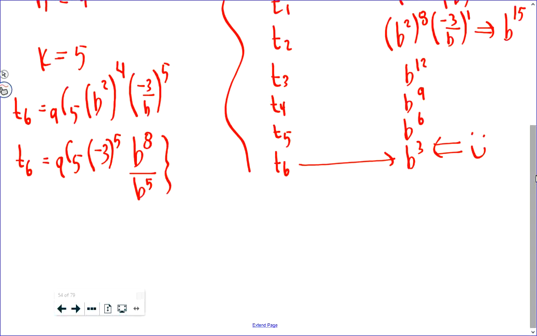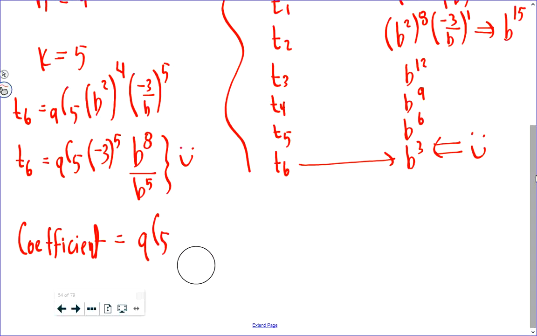This should make you a little bit happy because we're supposed to get b cubed, which means the coefficient, which is the answer to this question, it's what you were asked to determine, will be whatever 9 choose 5 times negative 3 raised to the 5 is. And again, feel free to work that out. That's the answer.